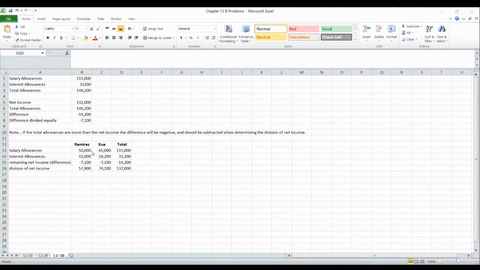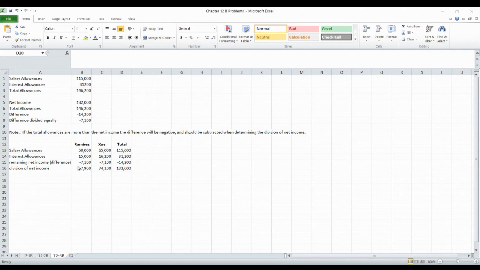Each partner still got, according to the partnership agreement, salary allowances. Interest allowances were a percent interest on the original capital investments. We found the difference and divided it equally.